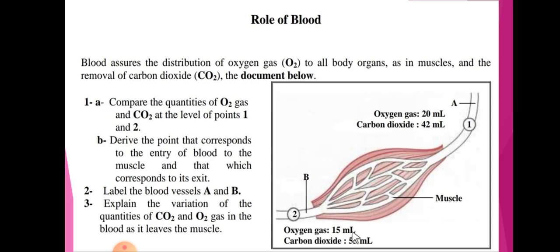I have to write the numbers. While the quantity of carbon dioxide in 1 is 42 milliliter. It is of course less than that in 2, which is 53 milliliter.